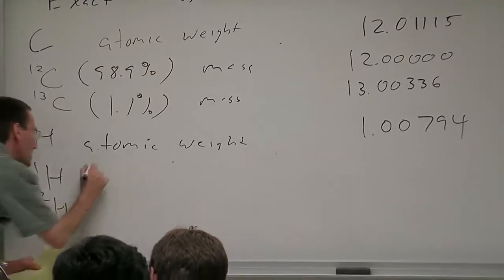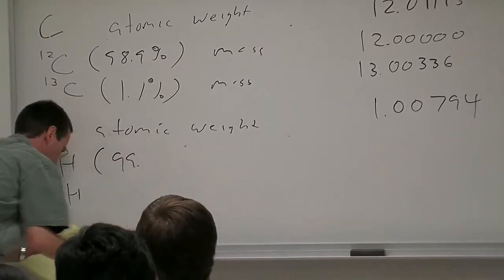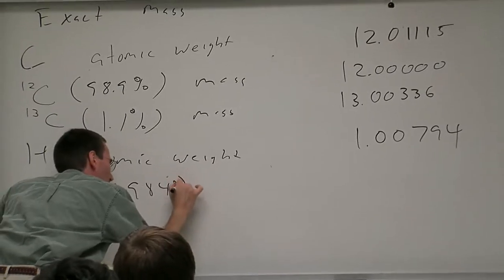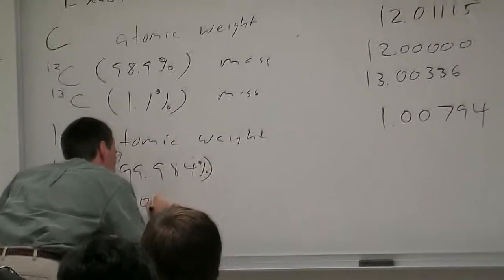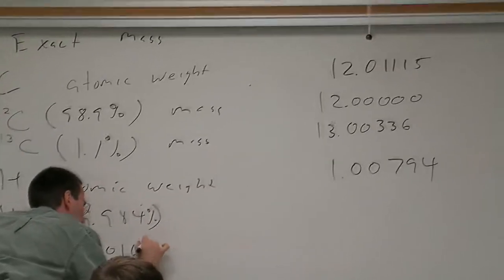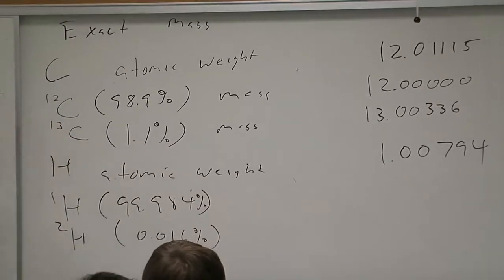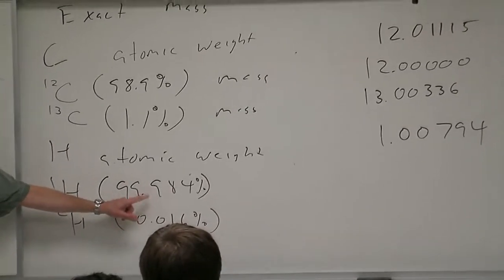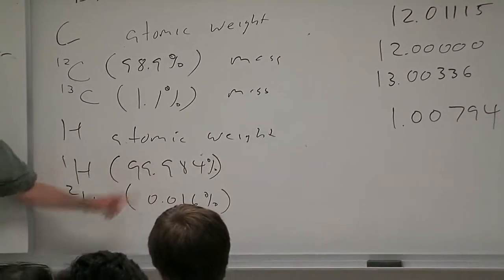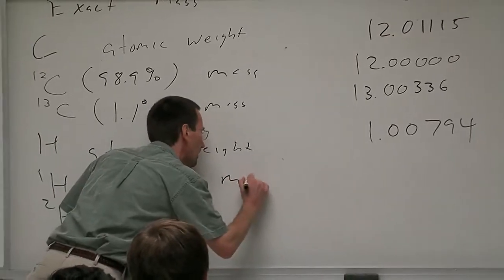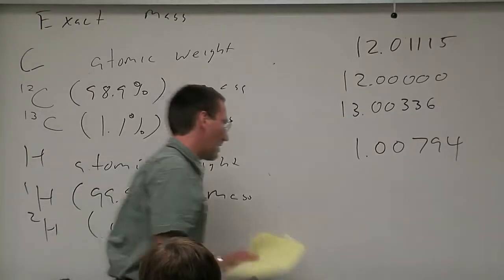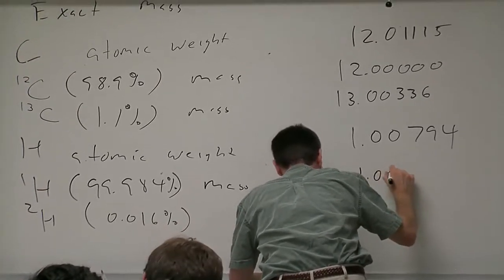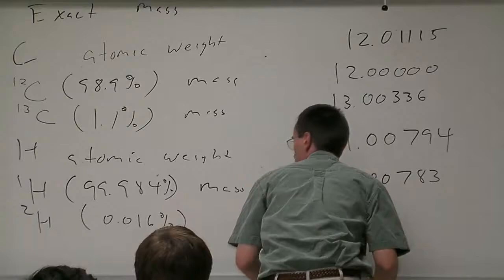It's mostly hydrogen, 98.984% H1, and only 0.016% H2. And so when you're thinking about mass spectrometry, you want to use the mass of H1, and the mass of H1 is 1.00783.